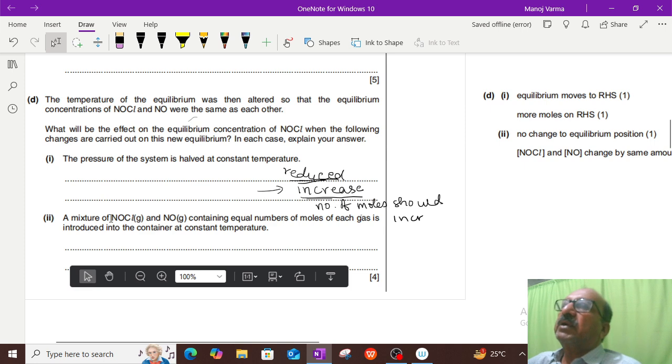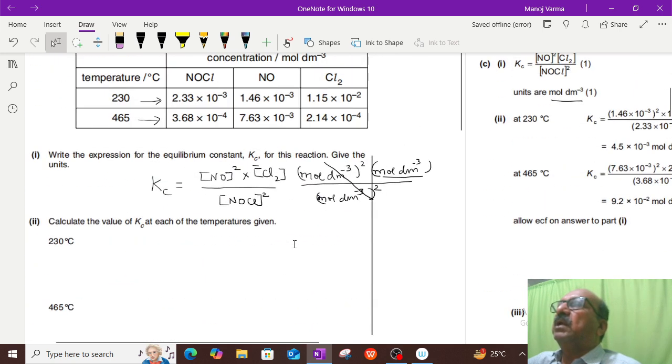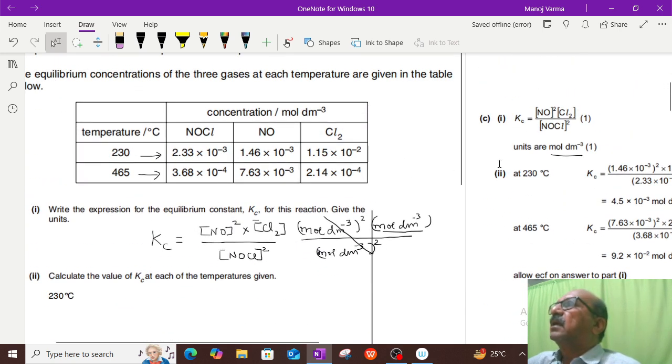Now the last part of the question is that a mixture of NOCl and NO containing an equal number of moles of each gas is introduced into the container at constant temperature. So now you are introducing from outside a mixture in which there are equal numbers of moles of NOCl and NO. If you add equal numbers of moles, this ratio is going to be affected in the same way.